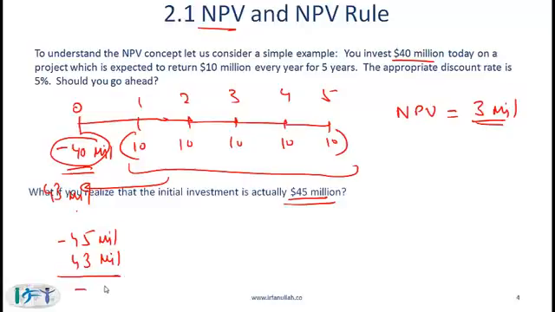Here the NPV is minus 2 million. And this clearly is not good because now we are saying that the present value of what we will get in the future is less than what we are spending today, and therefore we should not proceed with the project if the initial investment is 45 million.